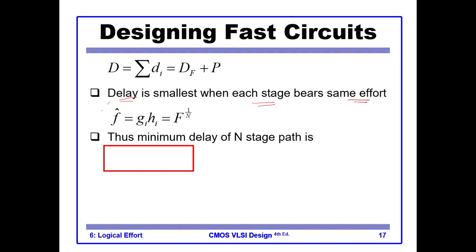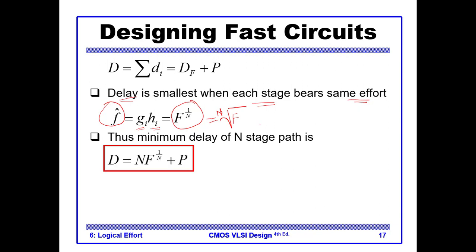So we call this F cap. F cap is basically Gi of each stage into Hi, the fan out, and this is equal to capital F under nth root, so raised to the power 1 by n, or you can say nth root.